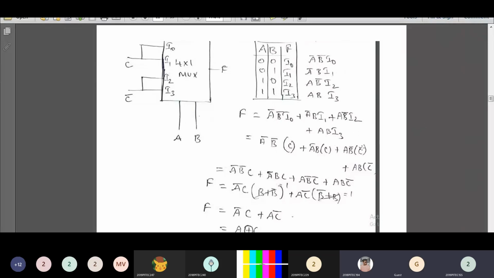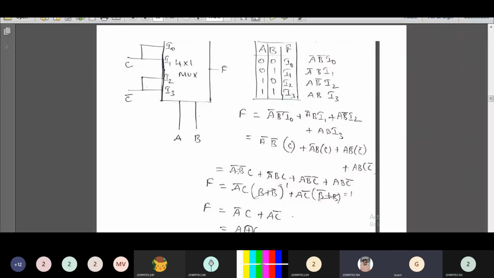A B dash C dash, and I will be having one more product term, that is A B I3. Here you have to substitute the I3 value. What is I3? I3 is connected to C dash. So instead of I3 you have to write C dash: A B C dash.